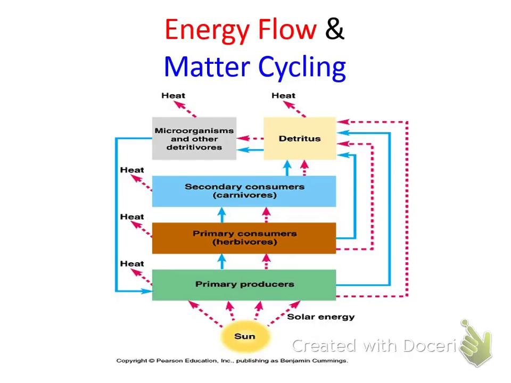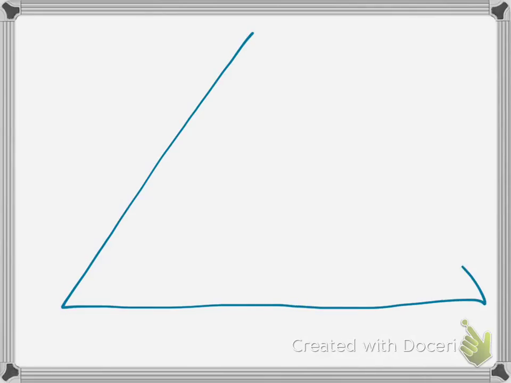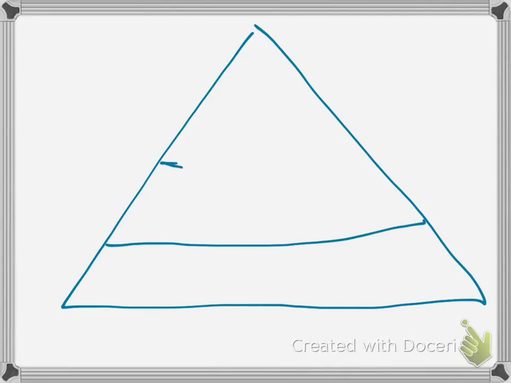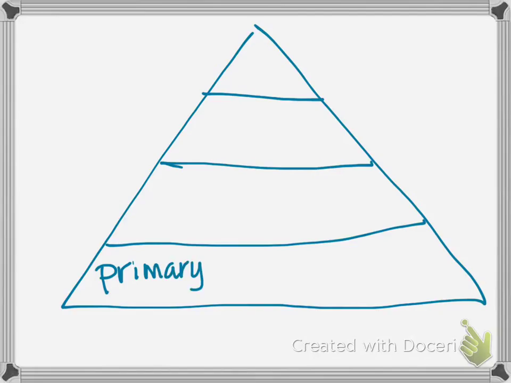Do me a favor and let's flip your notes over and draw this. I had you draw this on another set of notes, but it will help you to draw it again. The first one we said is primary producers, AKA your autotrophs.